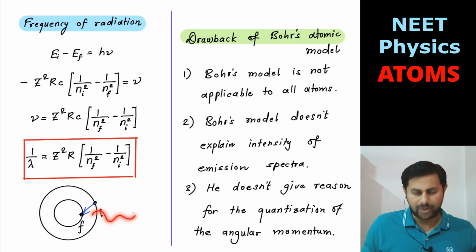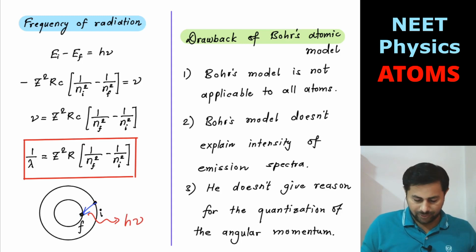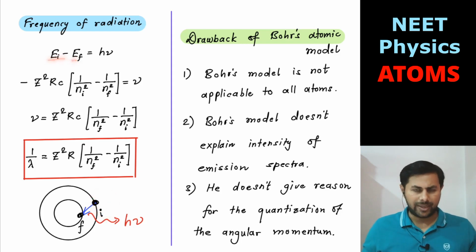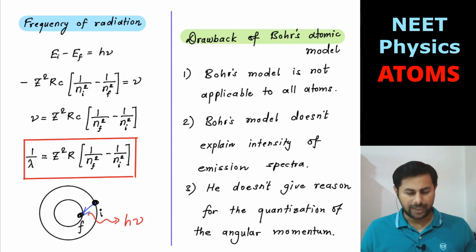It emits a photon. The energy of that photon, h nu, would be just equal to the energy difference between these two orbits. It is just equal to the energy of the initial orbit, EI, minus the energy of the final orbit, EF. EI minus EF is equal to h nu.